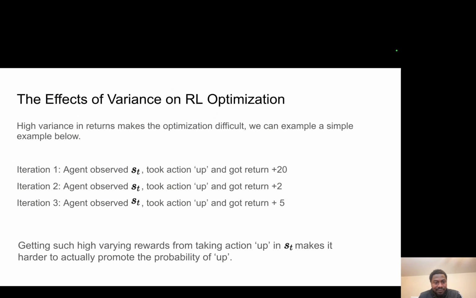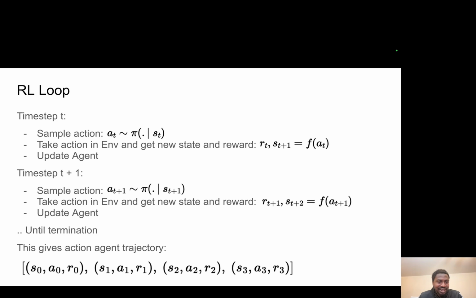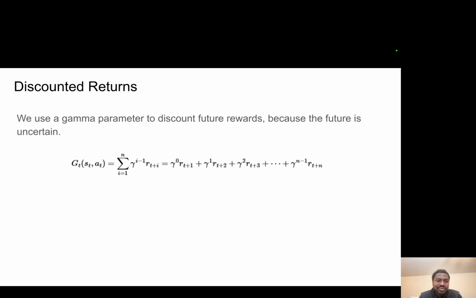This is primarily due to the fact that when you take the action, you do not update. You actually wait until termination, and then you compute the log prob multiplied by the total returns you get into the future, which depends on future actions that are themselves sampled.